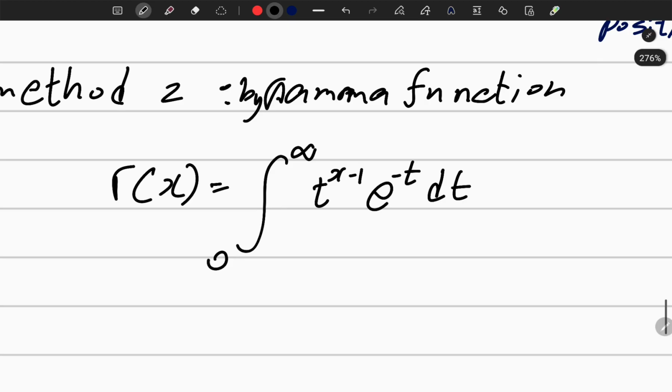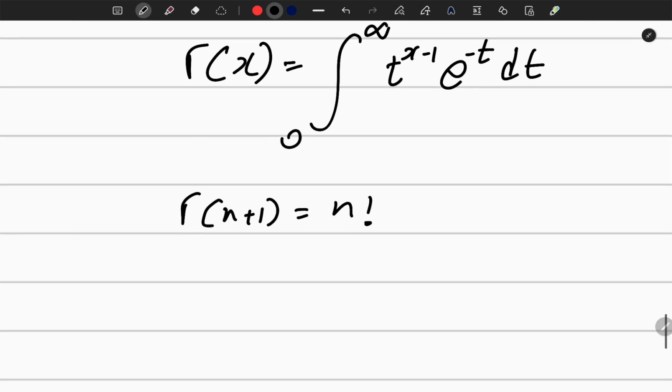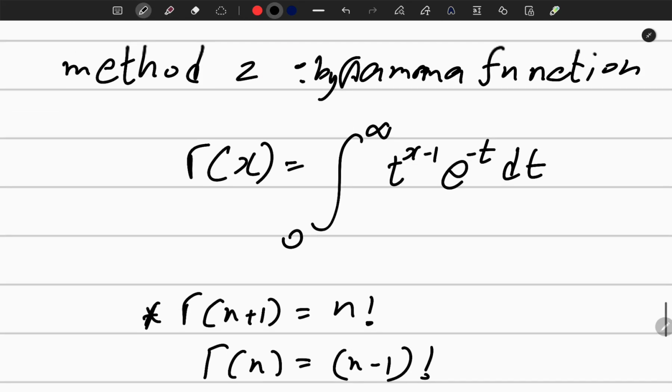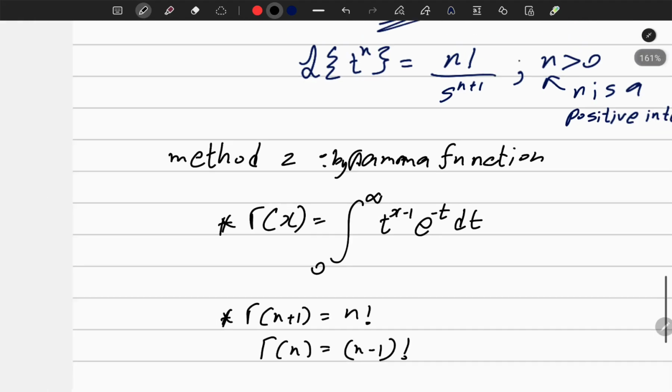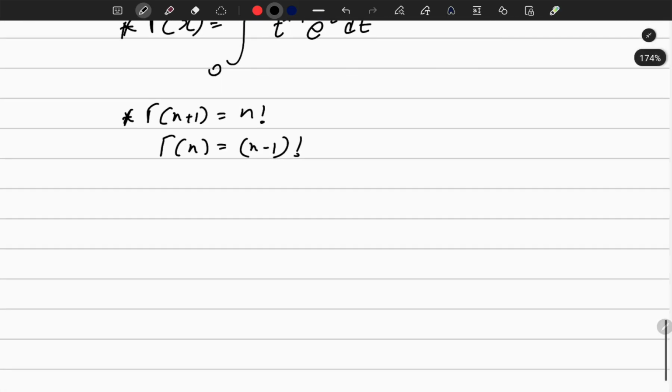This is the gamma function. There is a property that gamma of n plus 1 is equal to n factorial, right? So gamma of n is equal to (n minus 1) factorial. These are the properties I need to prove this property.